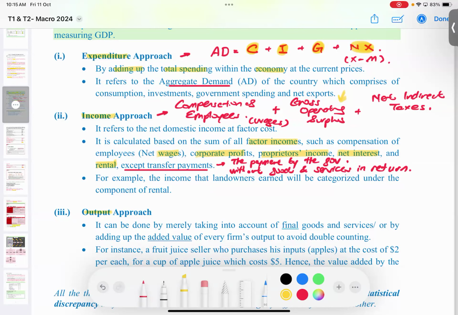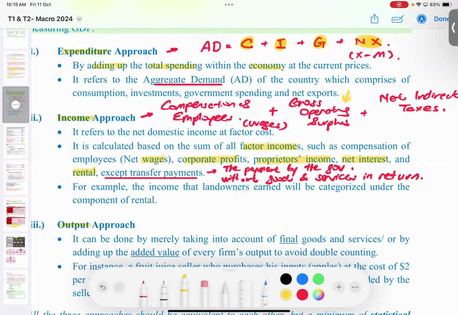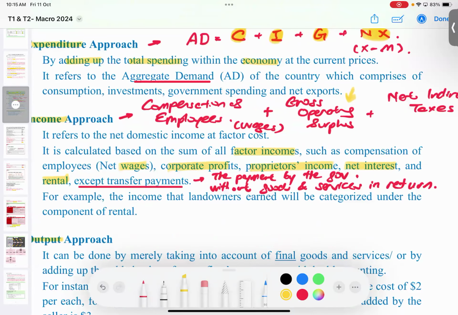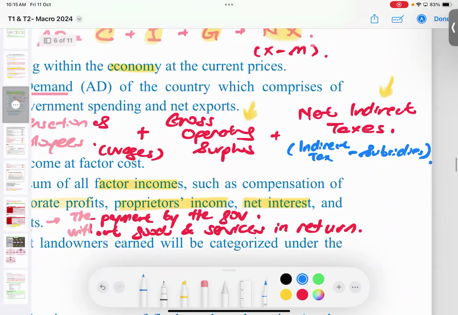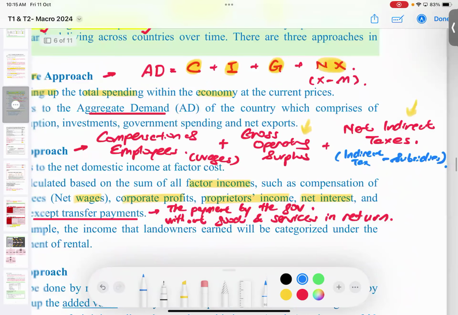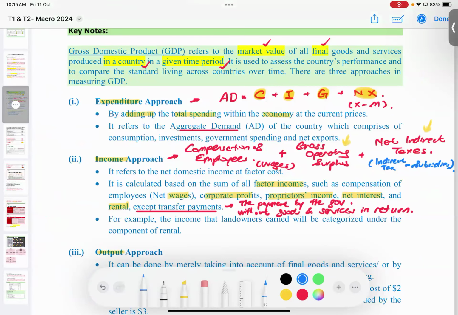Net interest and rental income are also under gross operating surplus. And then net indirect taxes is basically indirect tax minus subsidies. That's how we get the net indirect tax.